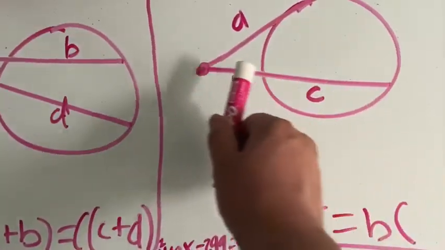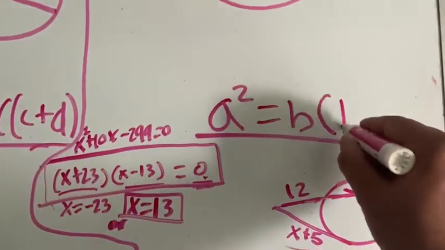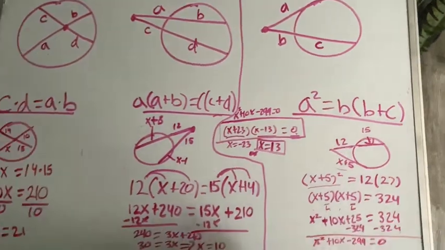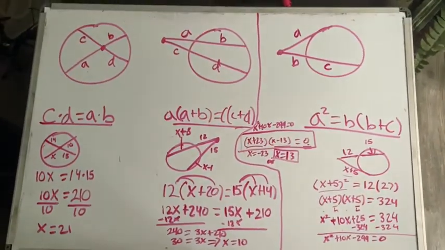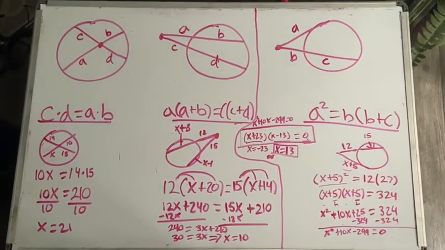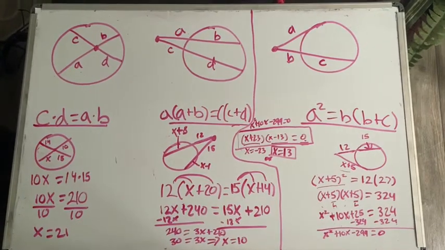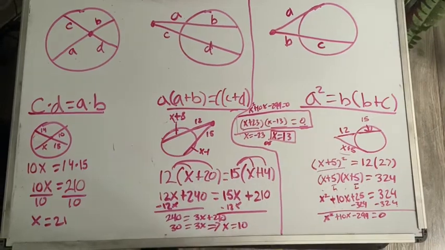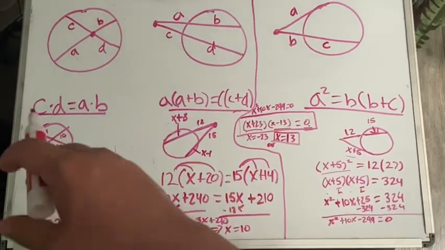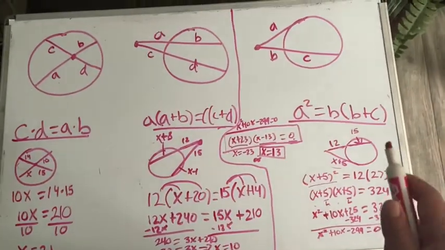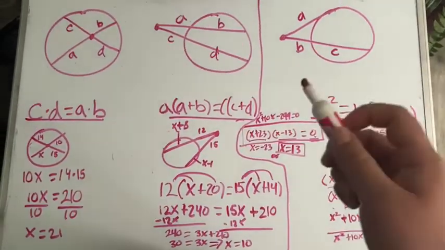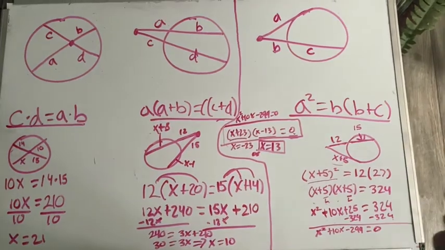So the entire secant line is that of B plus C, okay? So now you have all the formulas for solving the three different types of expressions, okay? Now that we have that settled, I have example problems that I will show you at the end of the video, and you're more than welcome to use these formulas to answer those questions, okay?